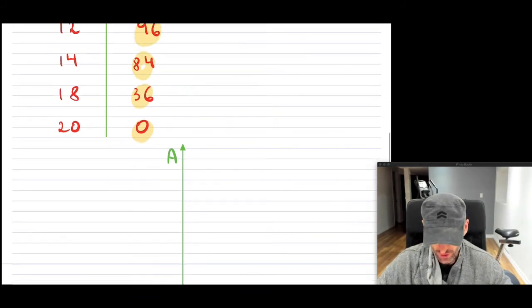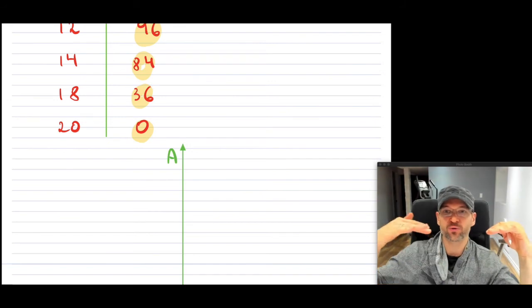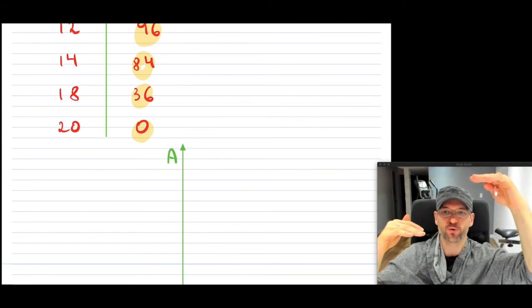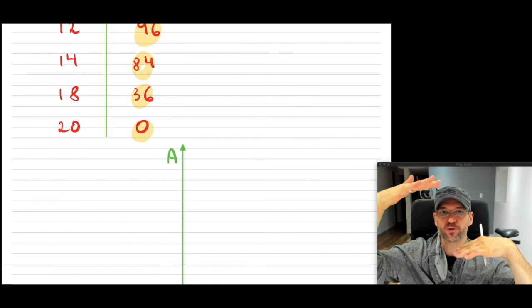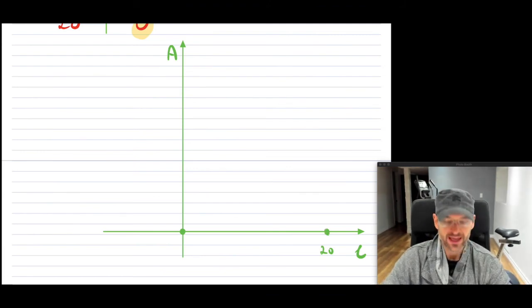At 20, that means the length was 20, so the width had to be 0. There was no width in that case, because length of 20 and 20 is 40. That would have been the perimeter that collapsed the rectangle. So at 20, right here, we were also at 0.